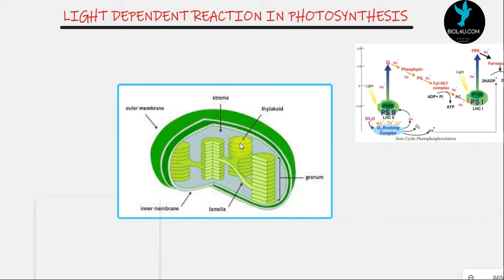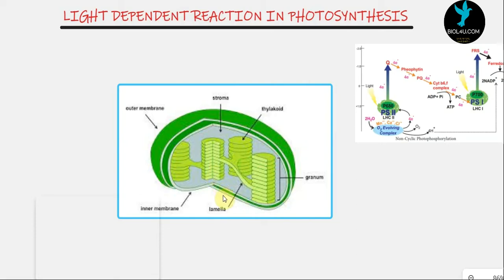Okay, so along with the ATP and evolution of oxygen, this light phase also produces some amount of NADPH2, that is nicotinamide adenine dinucleotide phosphate. It is an energy rich molecule, and this molecule is used for the reduction of carbon dioxide in the dark reaction. Okay, so let us see what is actually phosphorylation.